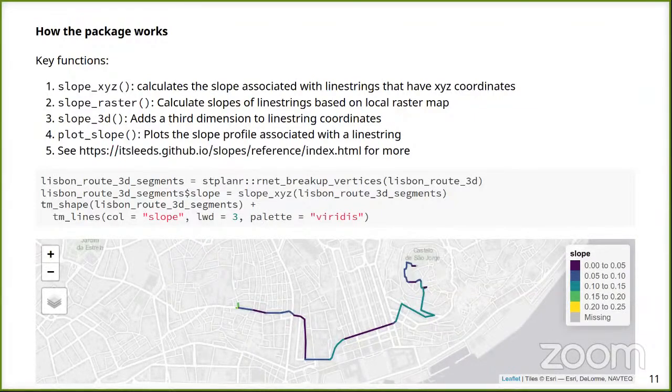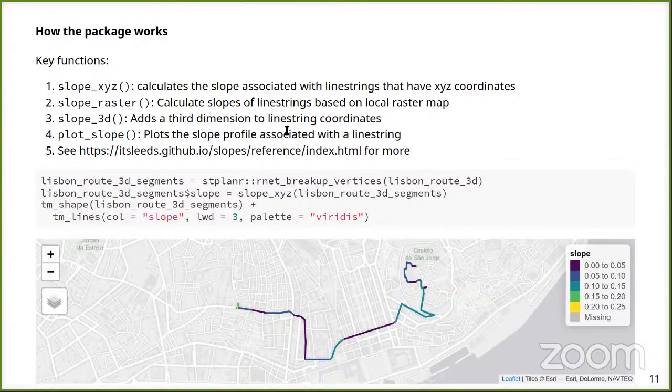And I'll show what we mean by that. slope_raster calculates the slope based on a linestring, like you've got an example here from Lisbon, and a raster data set. And again, I'll show in more detail what we mean by that. slope_3D adds the third dimension to linestring coordinates. And then plot_slope plots a horizontal profile associated with a linestring.